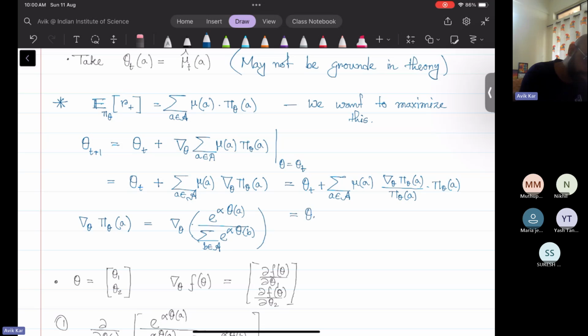And the approximation is summation of the current reward. I am not going to the approximation now. Okay, let it be.